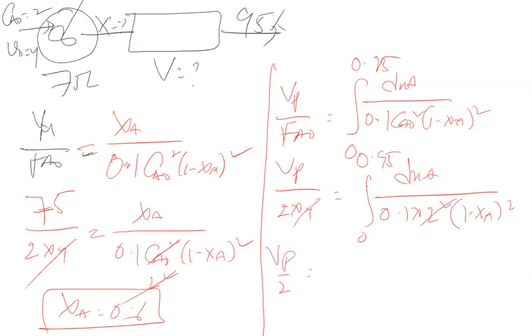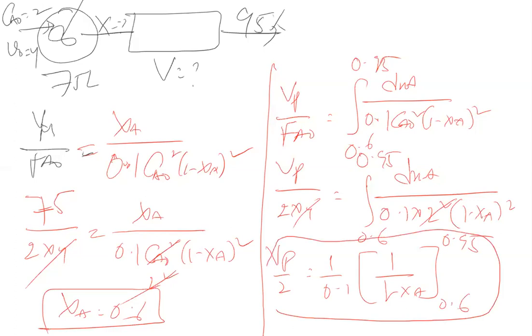So Vp by 2 is 1 by 0.1 into 1 by 1 minus XA, with the limits of, not 0, but 0.6 to 0.95. If we solve this, we will get Vp as 350 liters. I hope everybody got till this point.